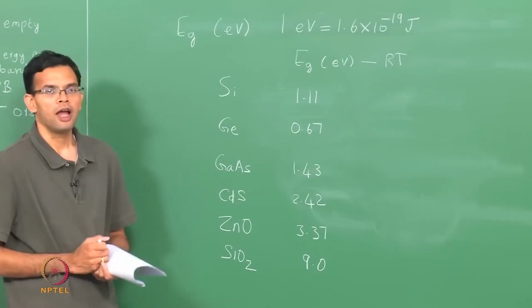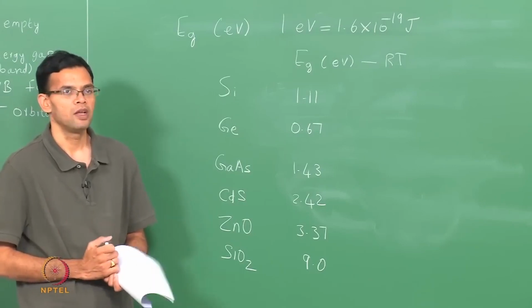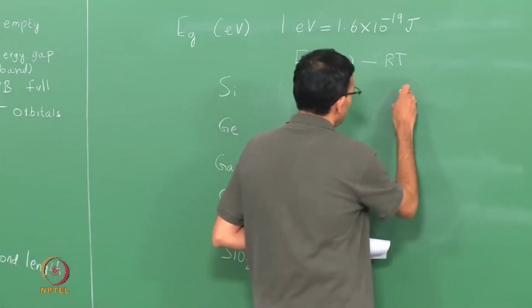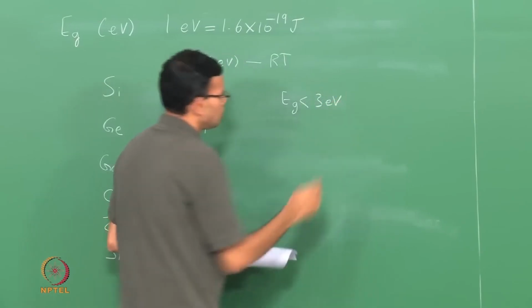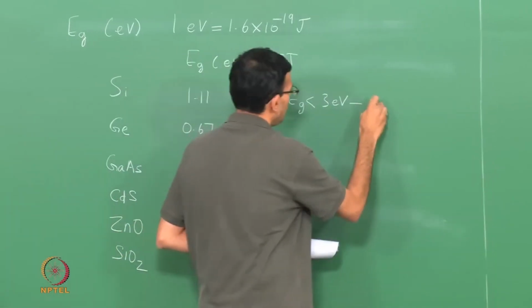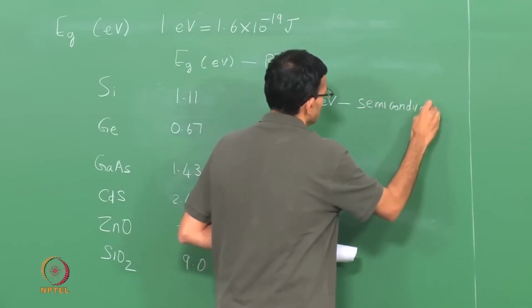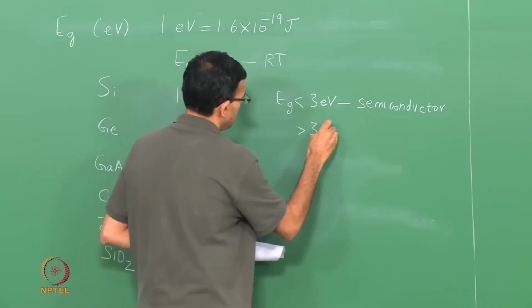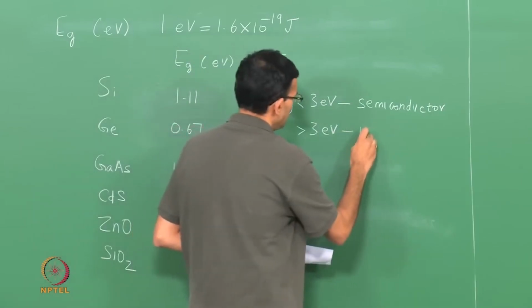So, if you look at both semiconductors and insulators, the difference between them is the difference in the band gap. So, typically if Eg is less than 3 electron volts, we call a material a semiconductor, and if Eg is greater than 3 electron volts, we call the material an insulator.